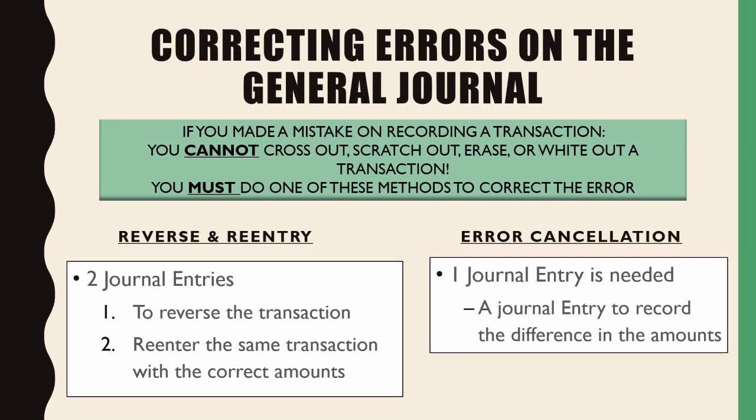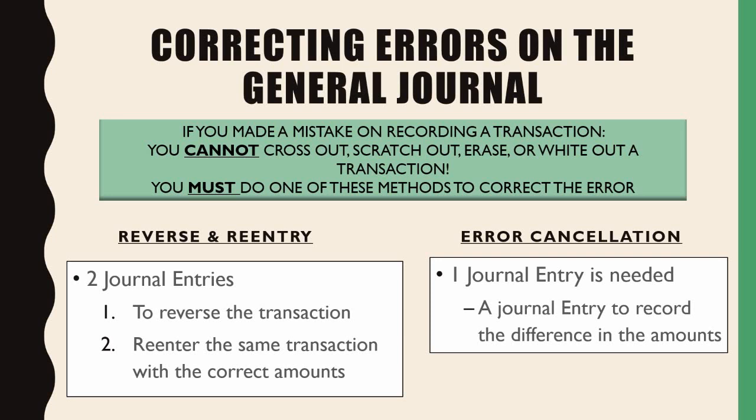In essence, you cannot do that because in the IRS's eyes, you're trying to do a fraudulent charge, okay? As strict as it is, that's just the rules of the government. You cannot erase or undo any transactions that are already recorded. So what you have to do in this case is fix it by entering a correcting entry.